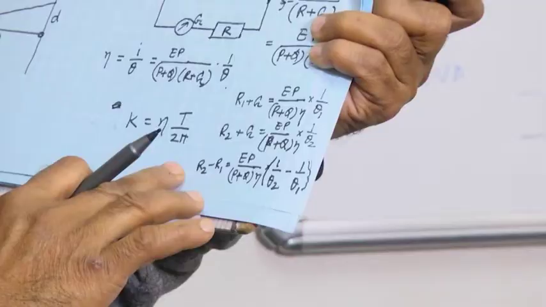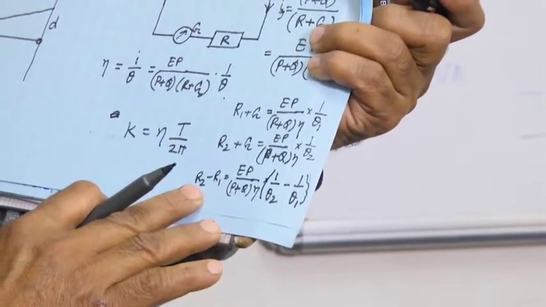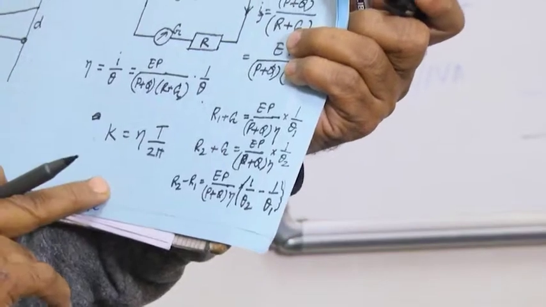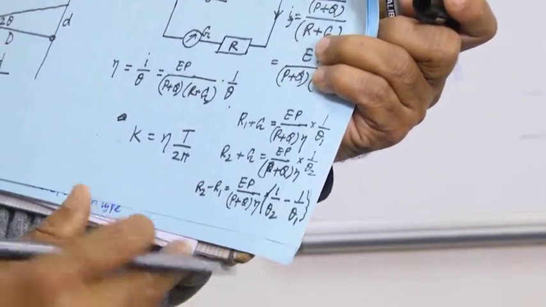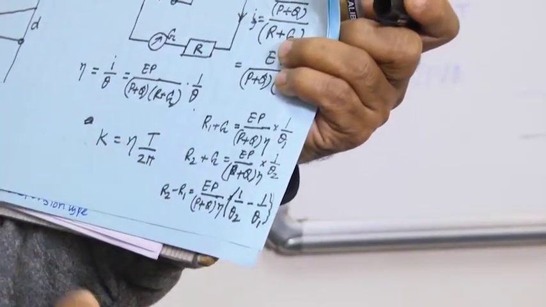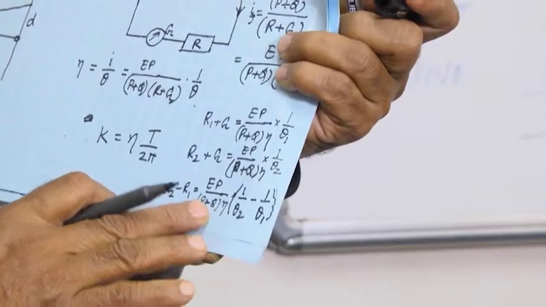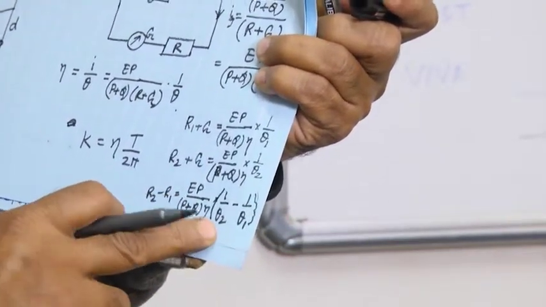So basically this expression is now not having the G. In this expression all are known to you, because R is known, P is known, Q is known, E is known. Then theta you have to measure.